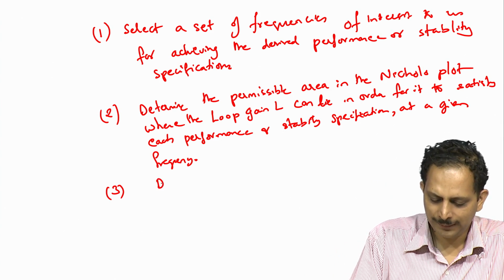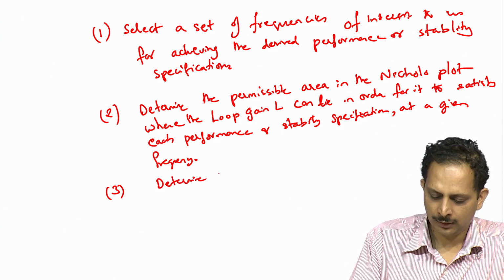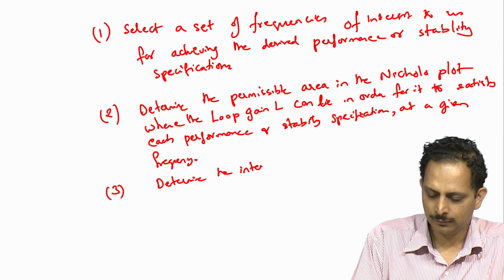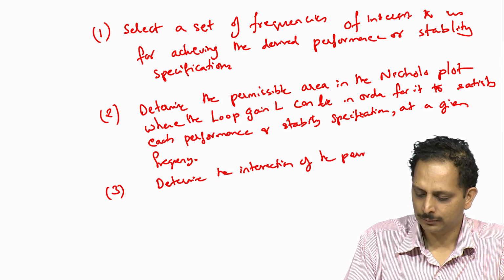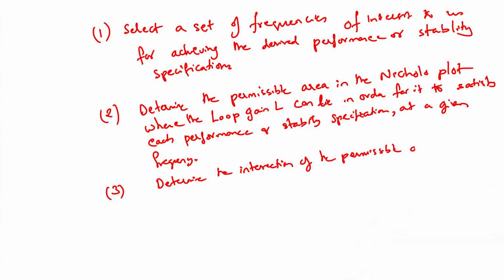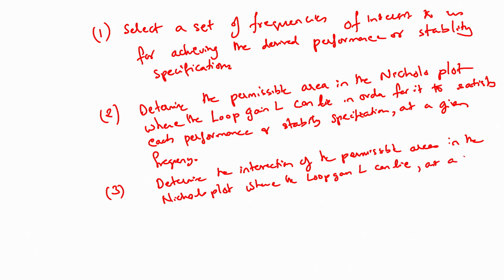So, determine the intersection of the permissible areas in the Nichols plot where the loop gain L can lie at a given frequency.